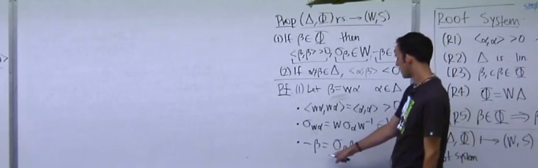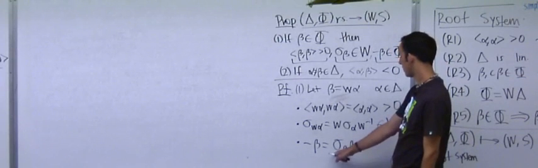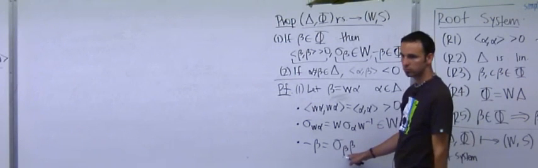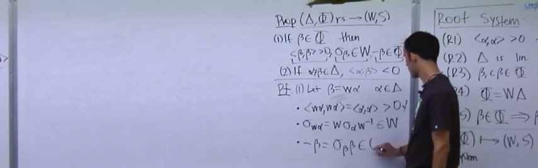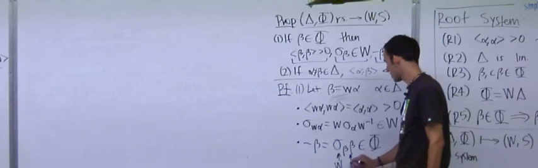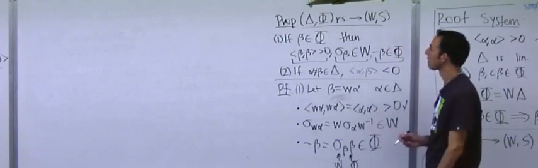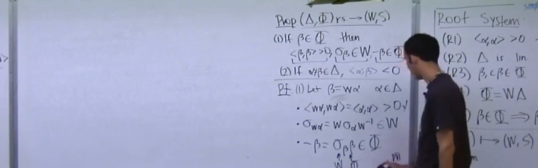So this is a group element acting on some root, so you're going to get some root, because this is in W, and this is in phi. So that proves 1.